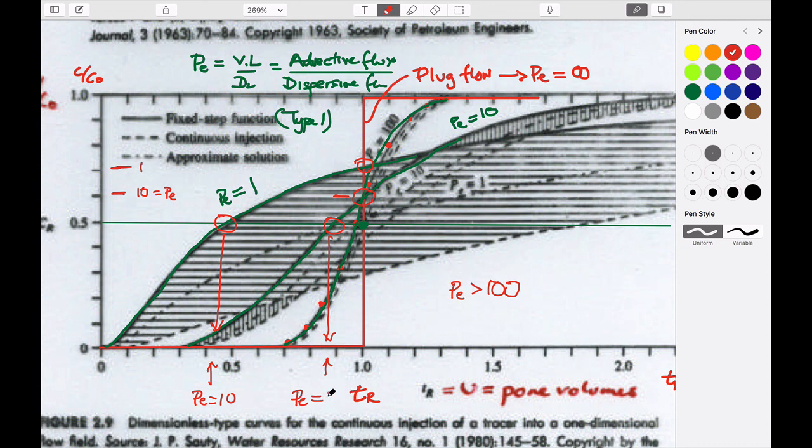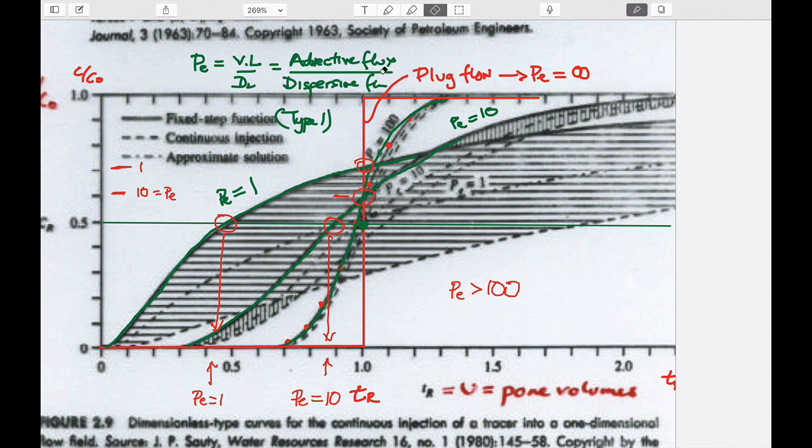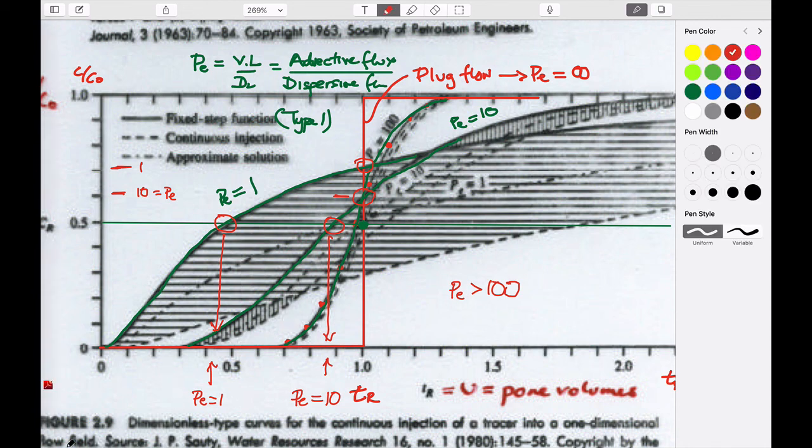This is 10. This is 1. So these locations here in terms of the breakthrough time, and these locations here in terms of the breakthrough concentration at the expected 1 pore volume time, are wrong if we use the expressions that you've been using. So you need to be aware of that.